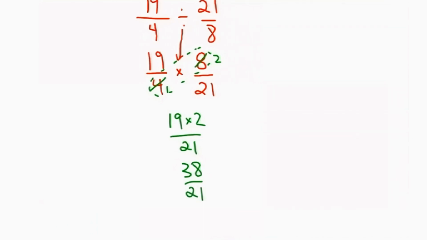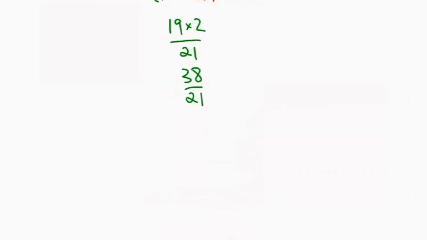We could convert that as well to a mixed fraction, and we know it's going to be less than 2, since 2 times 21 is 42. So we're going to have 1, and then 38 minus 21 is 17. So we'll have 1 and 17 twenty-firsts.